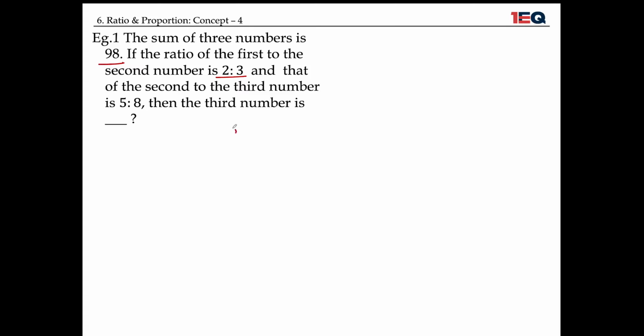So what it is trying to tell us is A is to B is given, and B is to C is given, and you have to find out the value of C. A is to B is given as 2 is to 3, B is to C is given as 5 is to 8. Let me put all of them in order: 2 is to 3 and 5 is to 8.